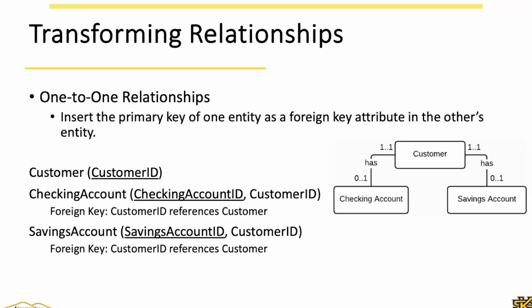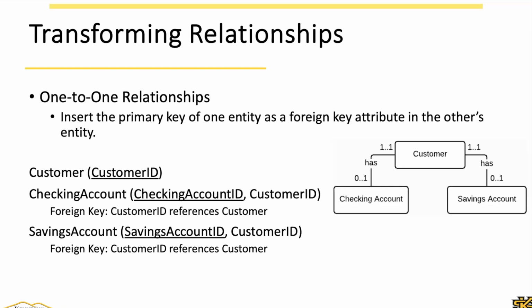When transforming tables with a one-to-one relationship, you need to insert the primary key of one entity as the foreign key attribute in another table. To establish this relationship, the primary key in one table becomes the foreign key in another table. Here is an example.